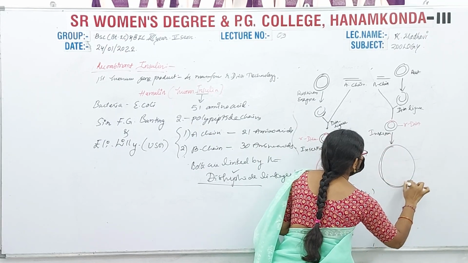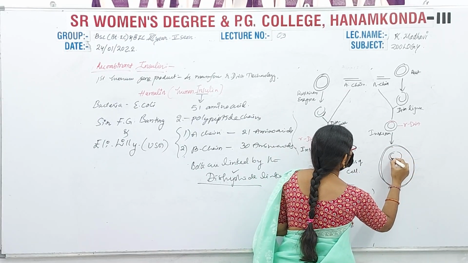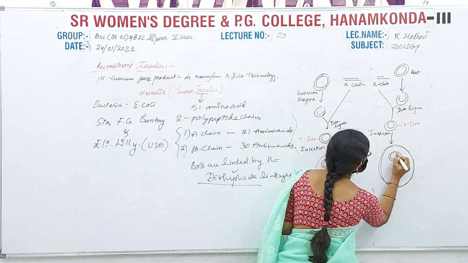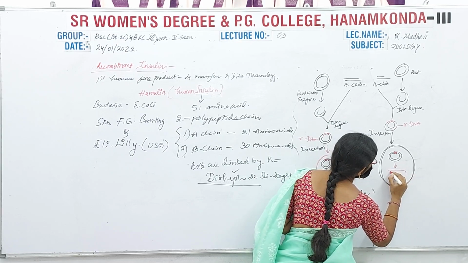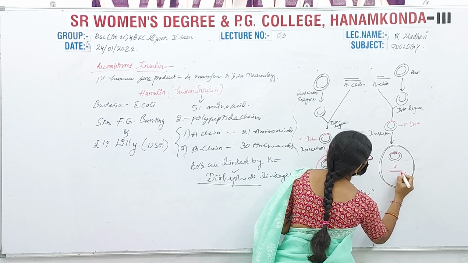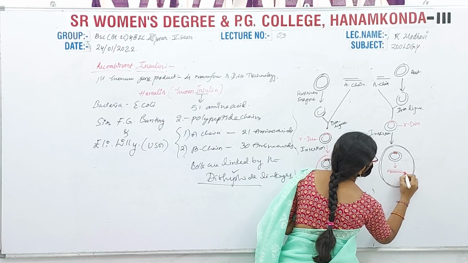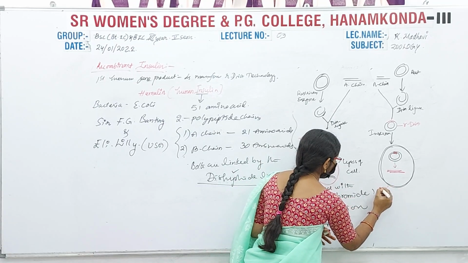Inside the E. coli bacteria, the lysis of cells occurs, and now it produces the small chain, that is the B chain. The B chain is synthesized here. Here also it is the same.